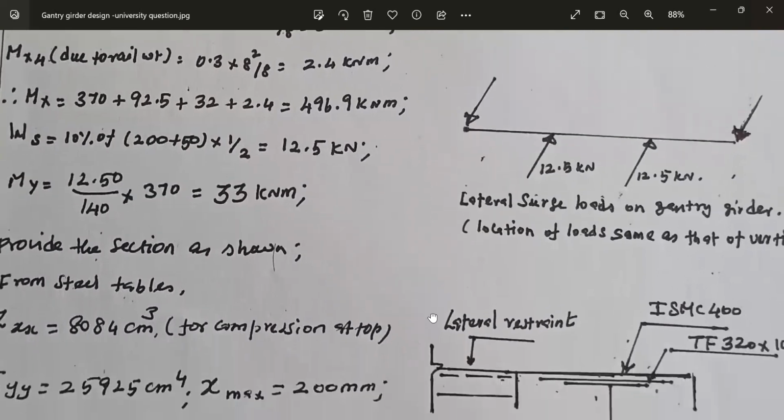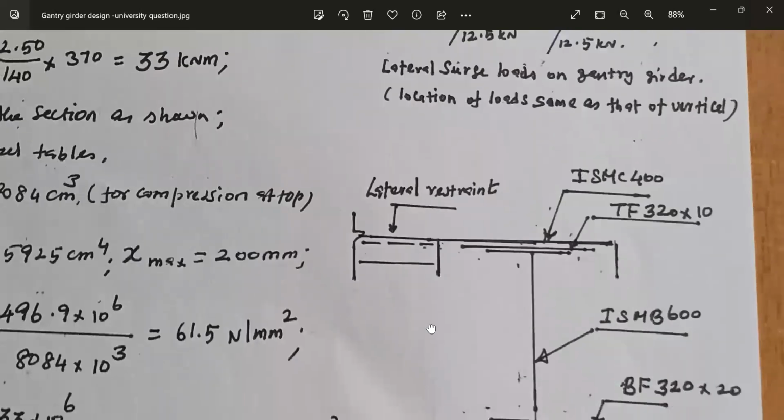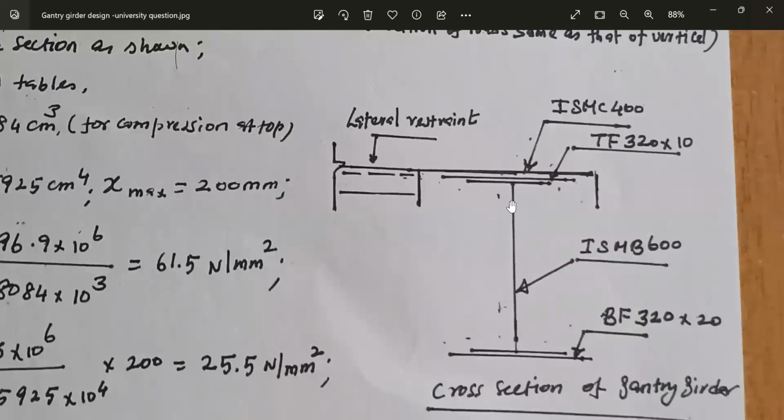Now we will choose an approximate section. Here the section chosen is one ISMB 600. Then we have a top flange plate 320 by 10 mm thick plate. Then we are having bottom flange plate 320 by 20. Then we are having one ISMC 400 placed horizontally.